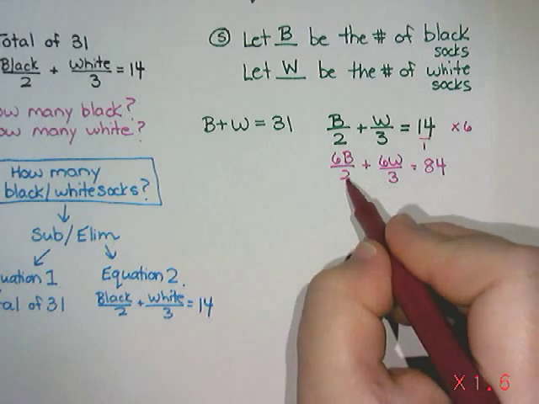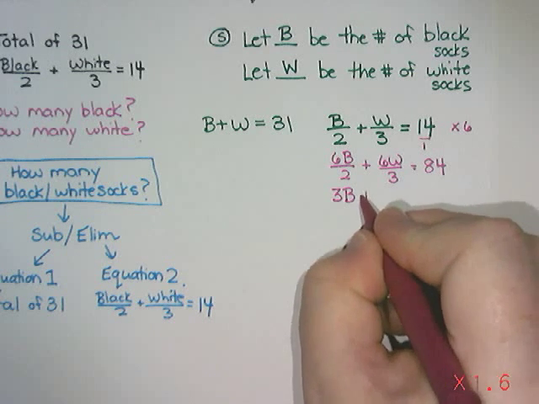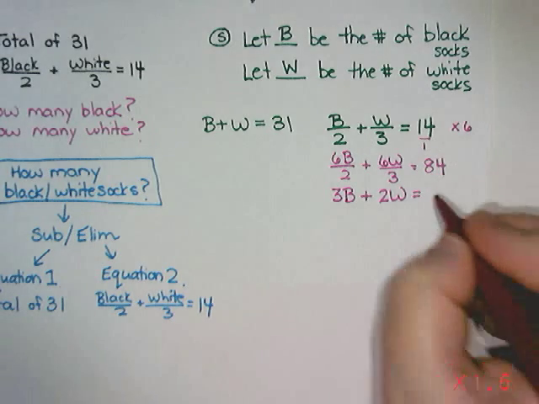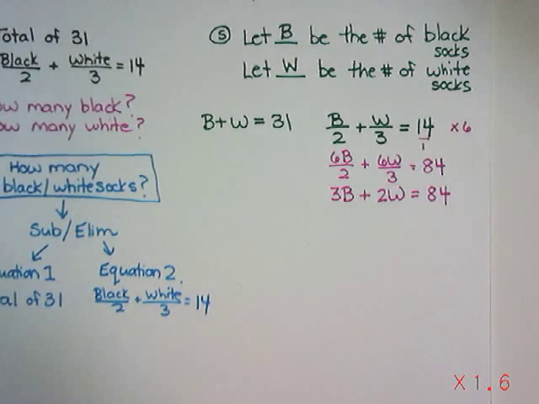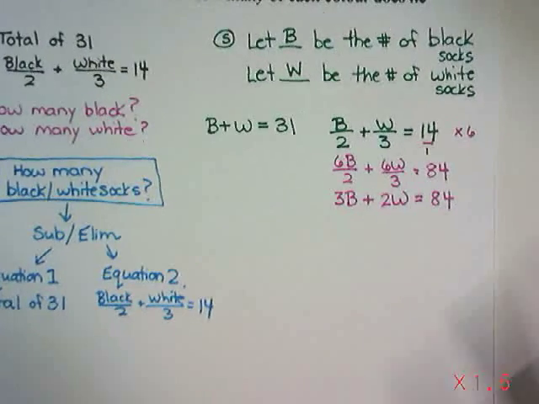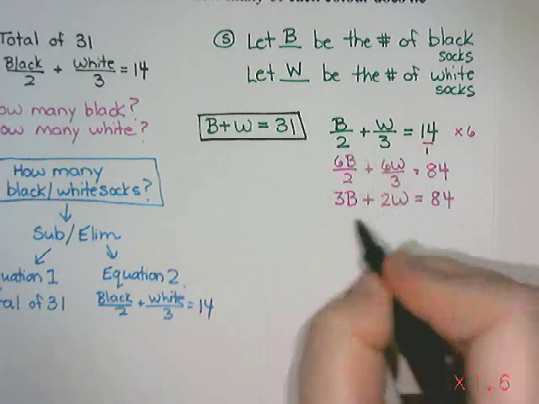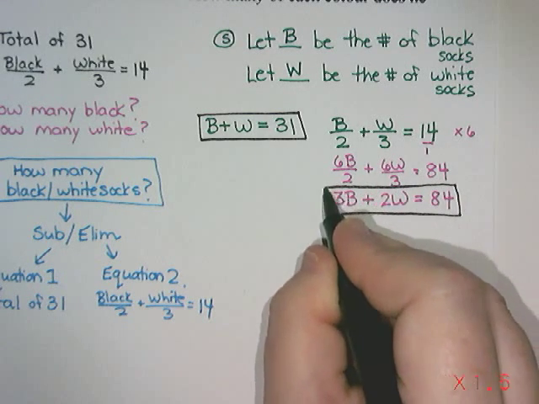Now 6 divides by 2 nicely, I get 3b. 6 divided by 3 is 2w, and then that 84 is just 84. So I have b plus w equals 31, and 3b plus 2w equals 84. And I need to, using these two equations, find a way to solve. So substitution, elimination, it's entirely up to you.